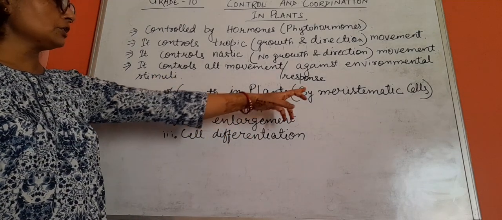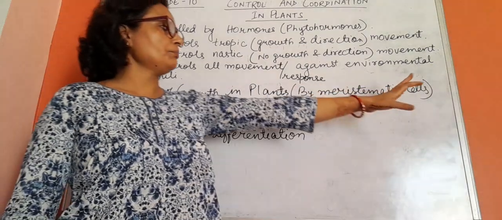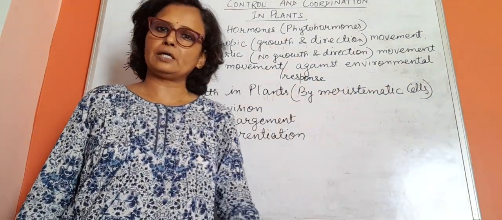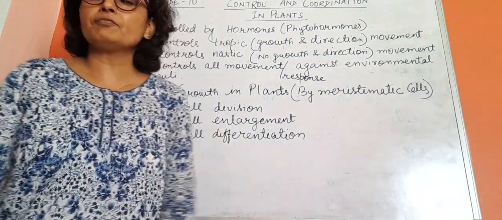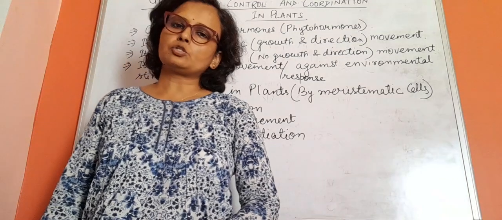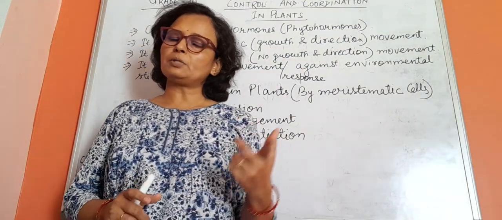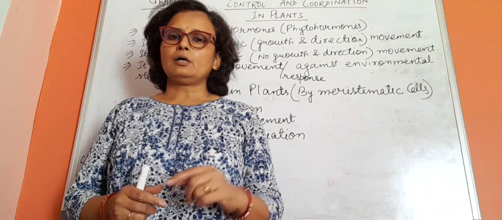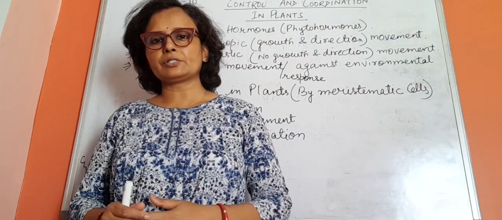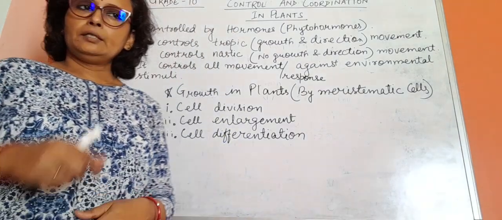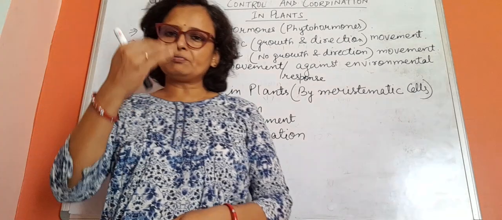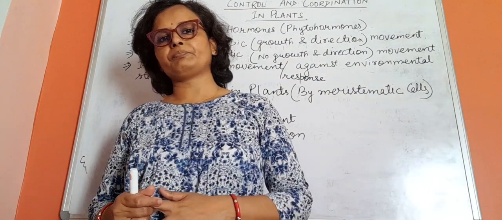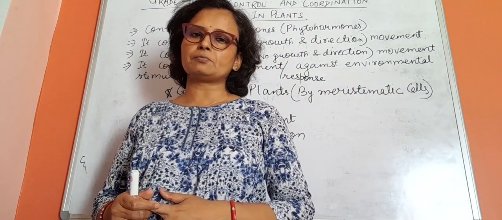Growth in a plant basically takes place in meristematic cells. Meristematic tissues are found in various parts of the plant. In the tip of the plant, that is the root tip and shoot tip, apical meristem is found. Then in the nodes and between the internodes, intercalary meristem is found.